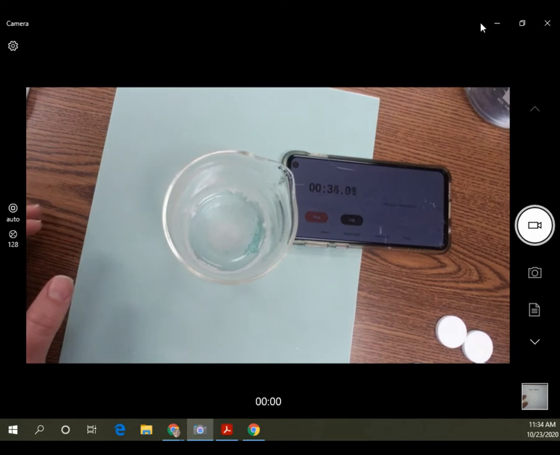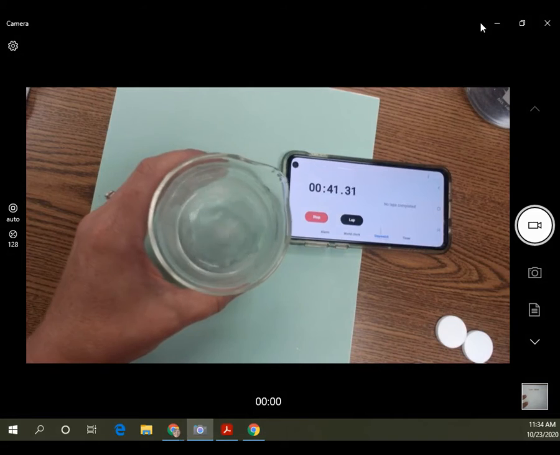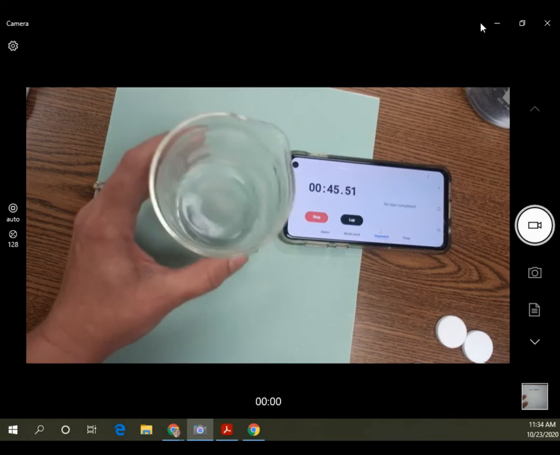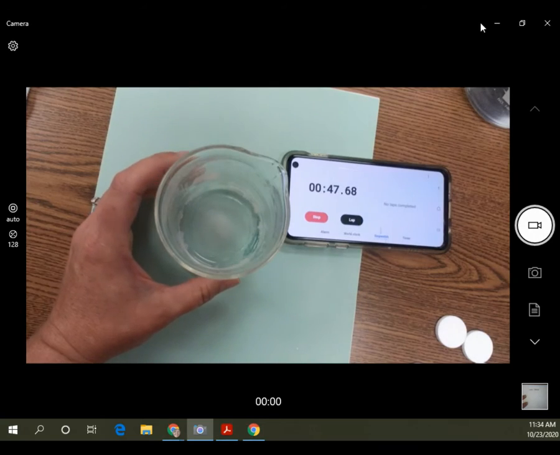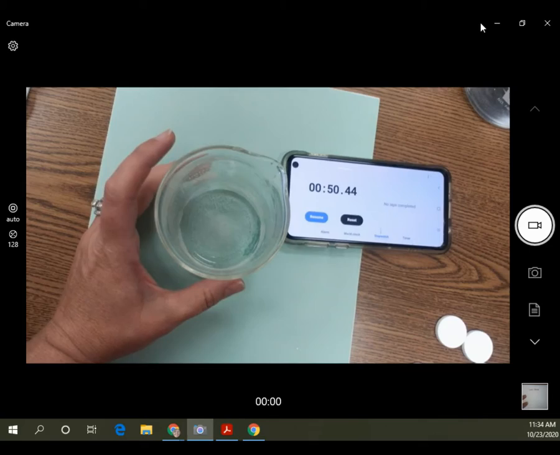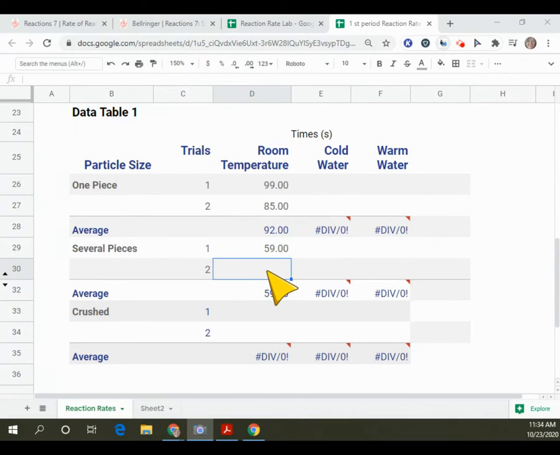Not close. Very close. I got a couple of little pieces. And we're good. Okay. So that dissolved at 50.4. So that's going to round off to just 50 seconds. Over here, and we'll put that in.